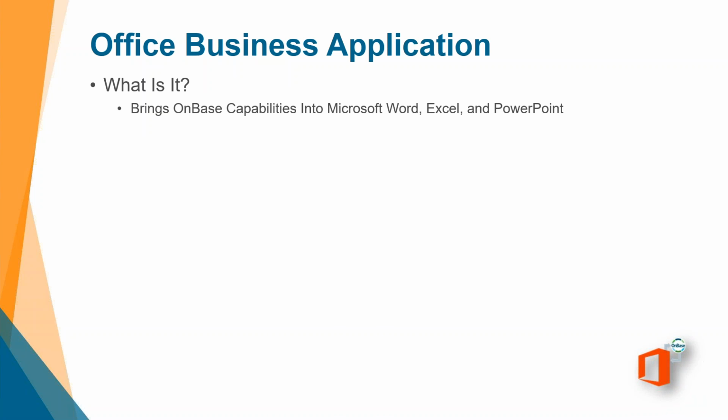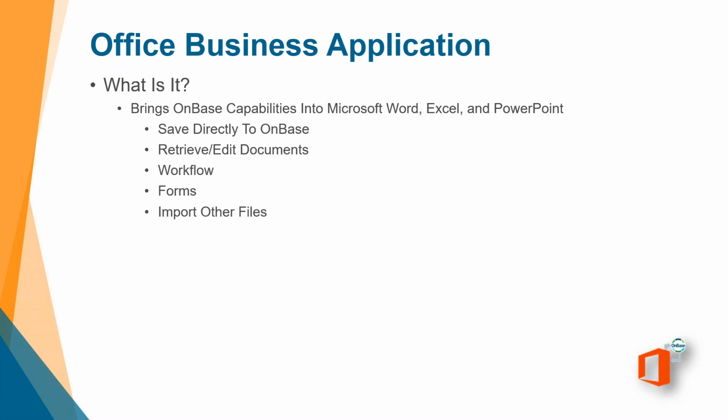Well, the Office Business application brings to your users of the Microsoft Office suite, Word, Excel, PowerPoint, an OnBase plugin that allows them, when they're working within Word, Excel, and PowerPoint, to save the document that they're working on directly into OnBase without saving it elsewhere and importing it later, to retrieve documents, potentially editing them directly from whatever Office suite application they have open, access workflow, open up new forms and populate them, even importing files of other types other than, for example, Word.